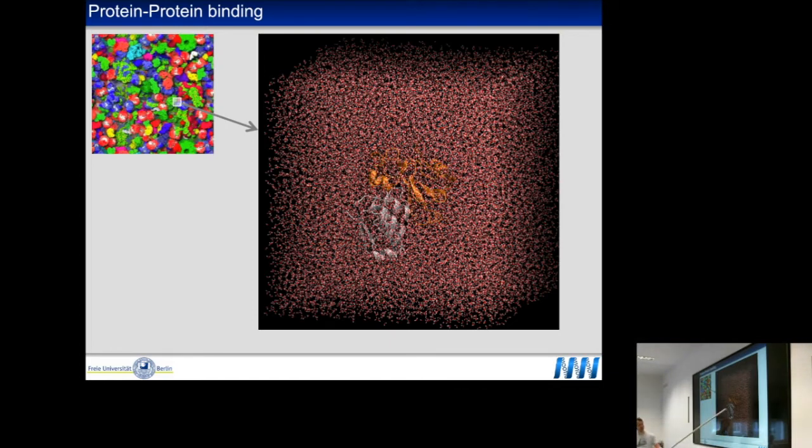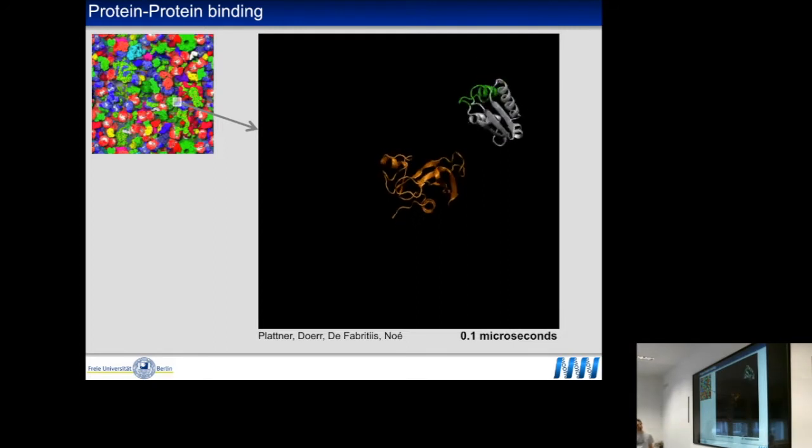Okay, unfortunately, we can only simulate femtosecond time steps. And therefore, we can go to simulation lengths of microseconds and easily hundreds of nanoseconds, maybe a couple of microseconds. And so this shows you a 100 nanosecond simulation, starting from the dissociated state.